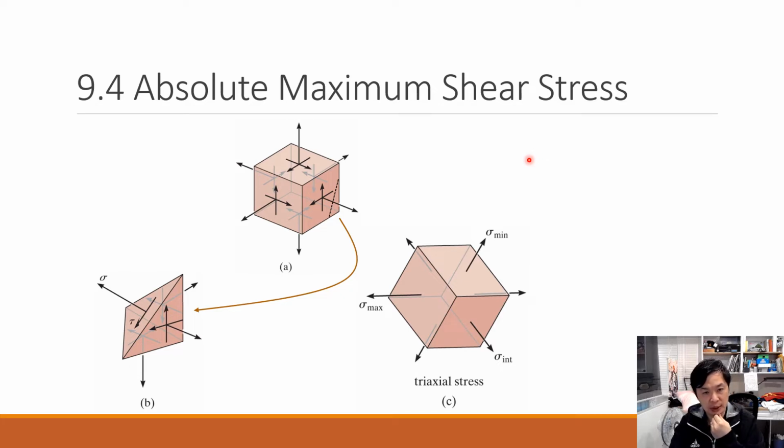For maximum shear stress, in the previous section we talked about the so-called in-plane maximum shear stress.